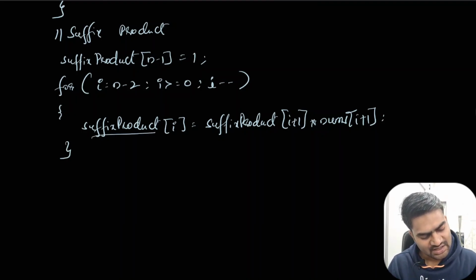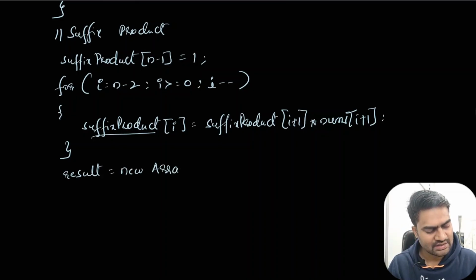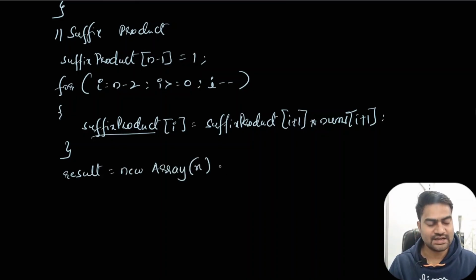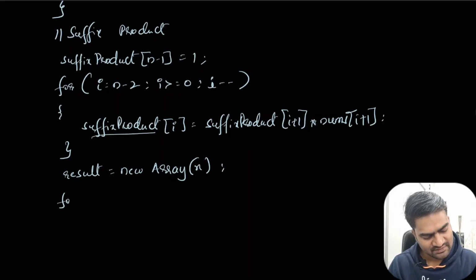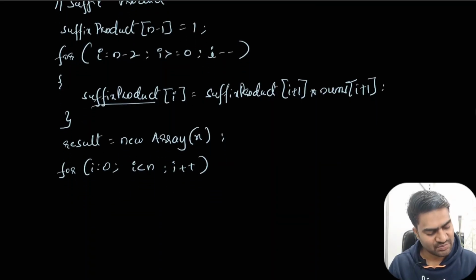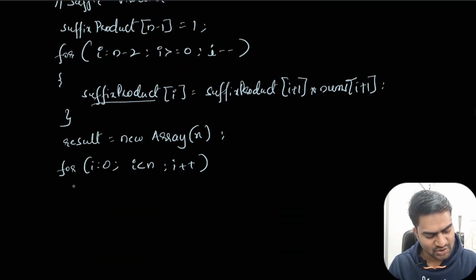Then finally, we will take another array, result equal to new array of length n. Then I will say for I equal to 0, I less than n, I plus plus, I'll simply multiply prefix product and suffix product and add it to the result array.